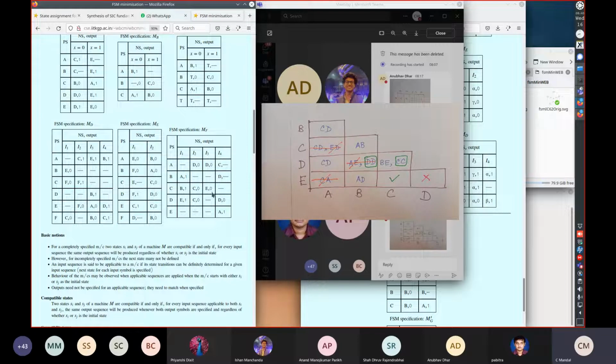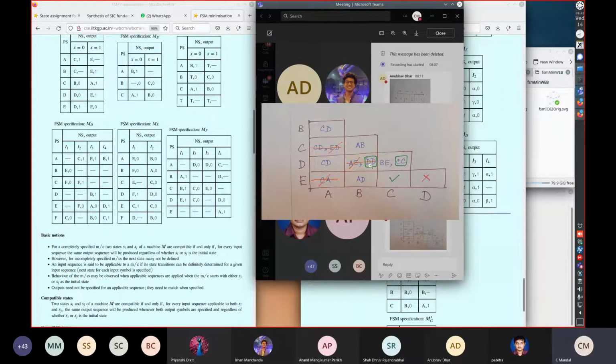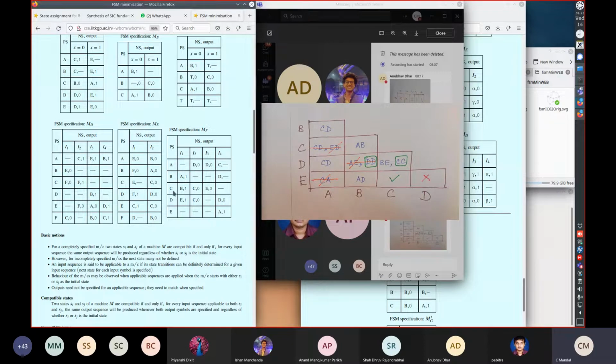Now, for C and D, as you can see, C and D will depend on the compatibility of B and E, because on input I1, C goes to B and D goes to E. So B and E must be compatible.